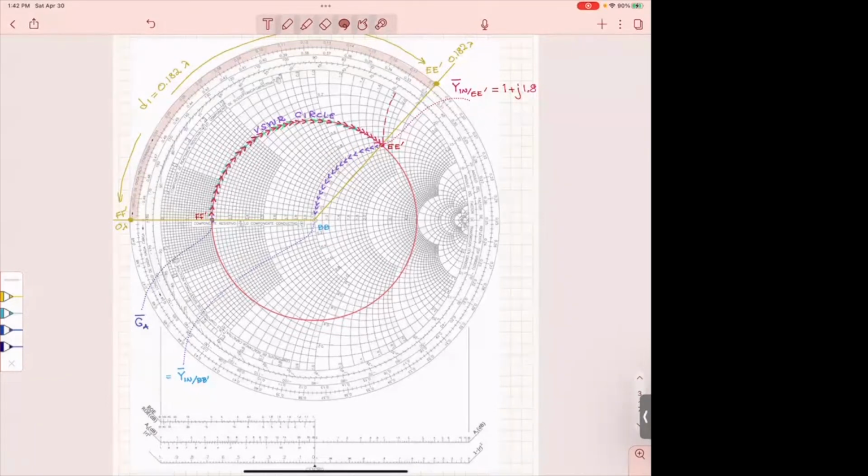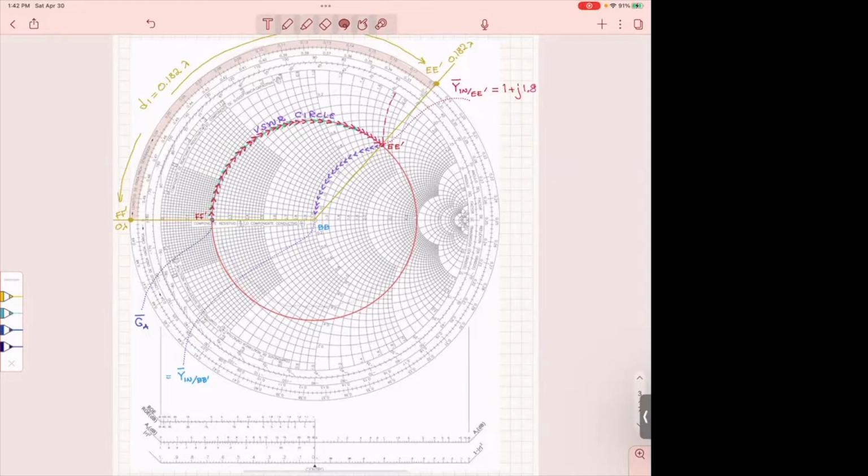towards the generator, you have to move on the constant VSWR circle, which is this one. You see it's a circle that has its center at the center of the Smith chart, and the circle goes through this point, which is the normalized conductance. So you draw this circle, which is this red circle.